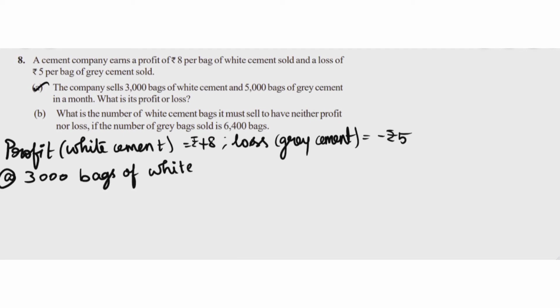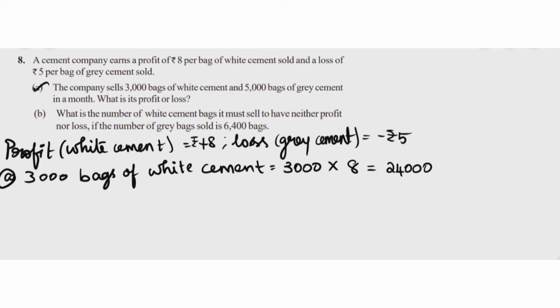White cement means what I told you, it is nothing but a profit. So we have to multiply 3000 by the white cement profit, rupees 8, right? It is plus 8. So we get 3000 multiplied by 8, we get 24,000, right?